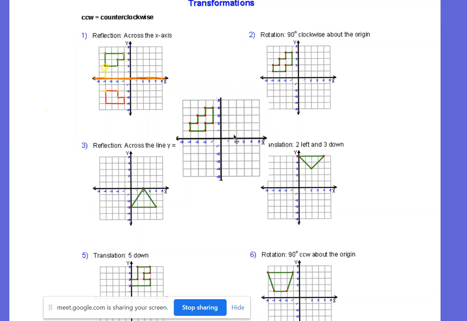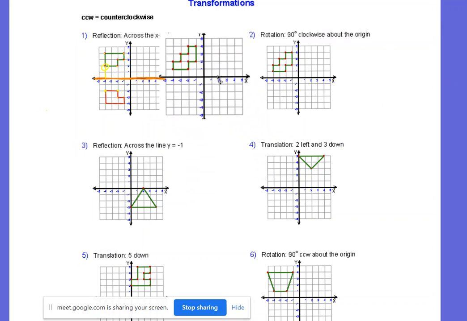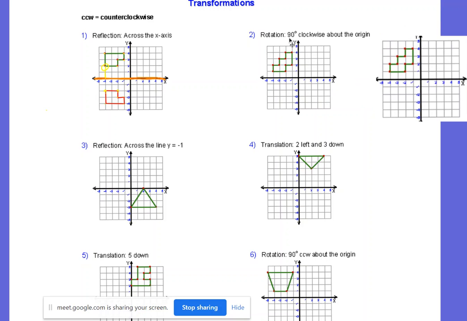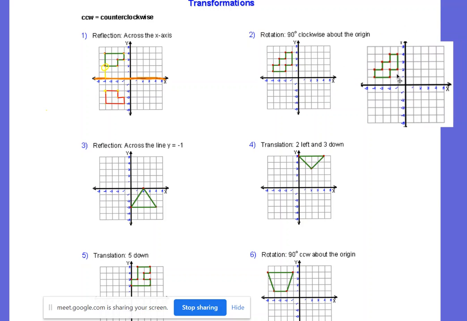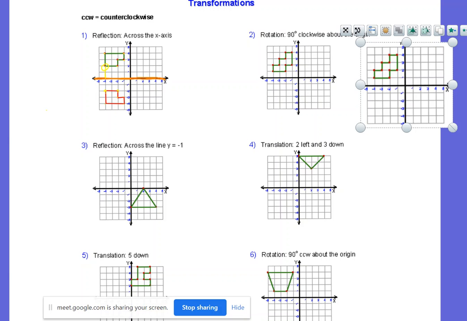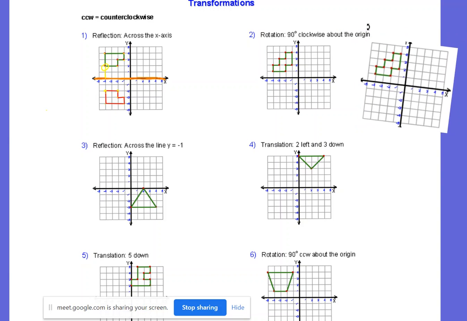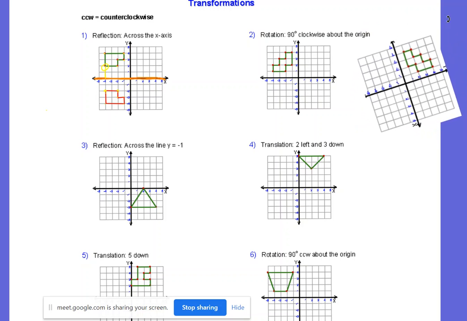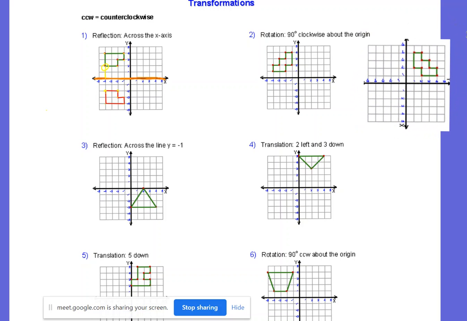So the directions tell us to do a 90-degree clockwise turn around the origin. The origin is at 0, 0. So I want you to rotate your page 90 degrees clockwise. Just go ahead and rotate it 90 degrees clockwise. Have you done that? Yeah.